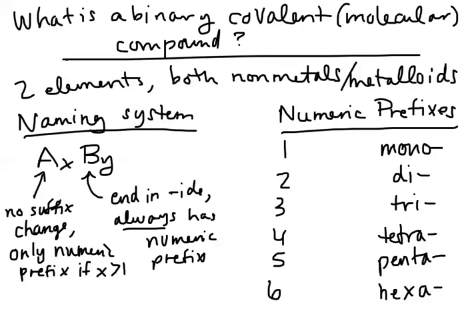Okay, mono, di, tri, tetra, penta, and hexa. Make sure you have all these down, and then I'll describe how this applies to the rules we just wrote. Going through 8, it's septa and octa, but in my class, you only have to know through 6.